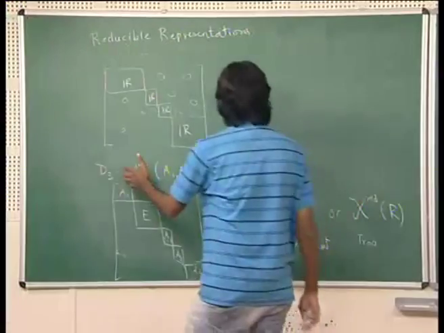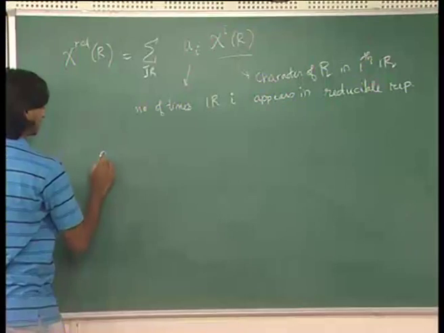So, how many times does the irreducible representation appear?